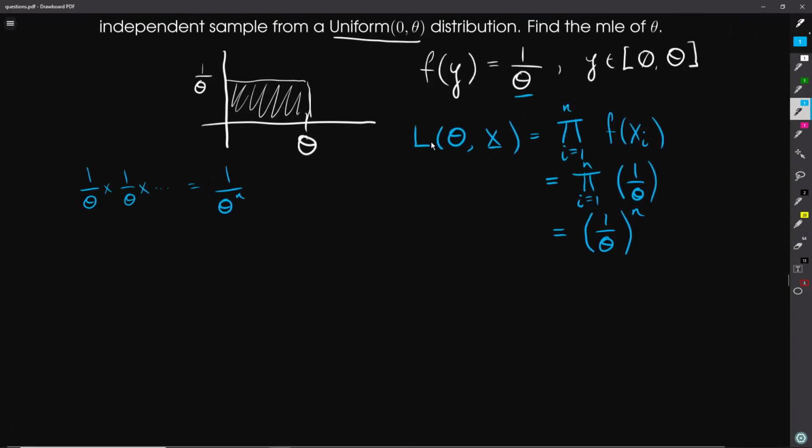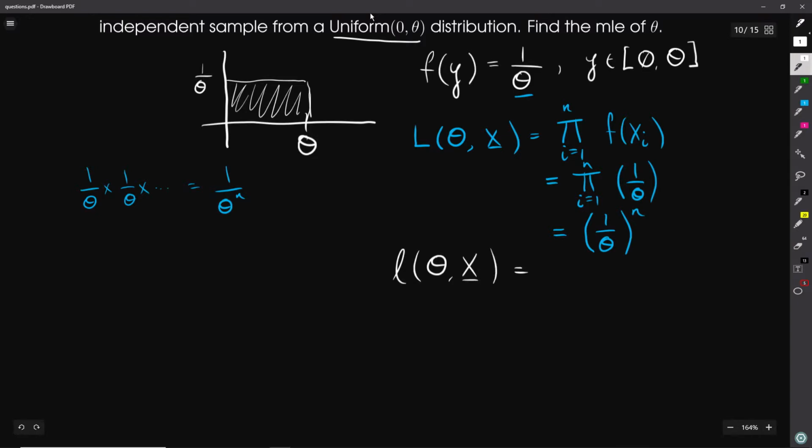So what are we going to do here? Well, the normal technique is to differentiate this with respect to theta, or typically actually take the log of this. So we'll write down our log likelihood. That's the log of 1 over theta to the power of n.